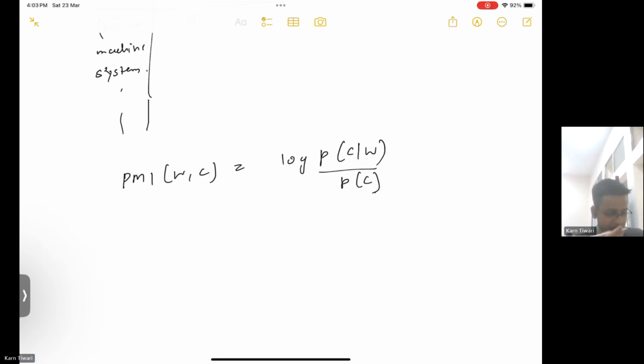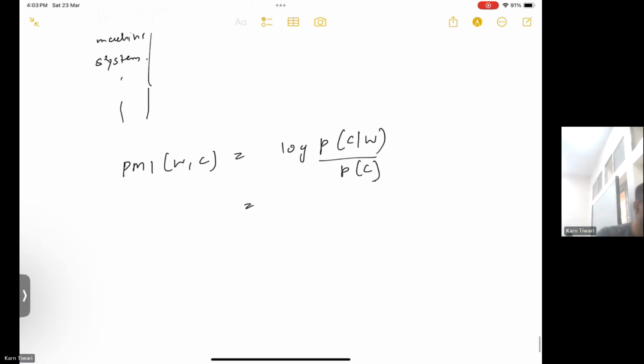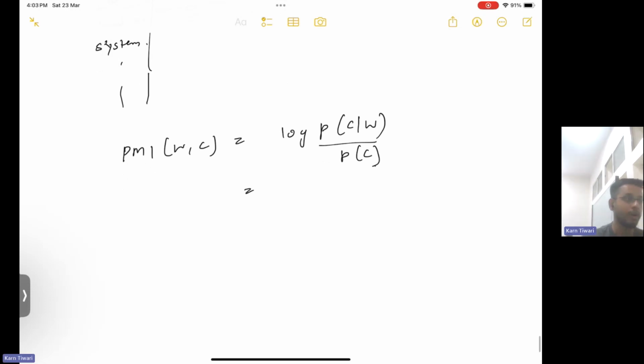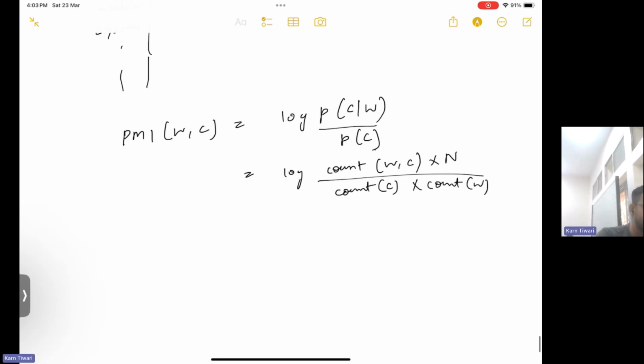If we simplify it further, the probability of context given word becomes the log of count of (word, context) times N, where N is the total number of words, divided by count of context times count of word.